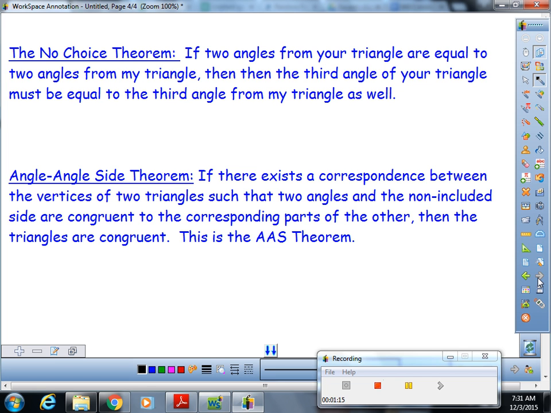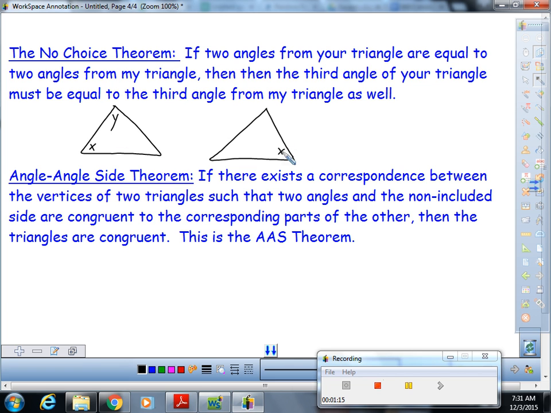It just says, if two angles from your triangle are congruent to two angles from my triangle, so if you had an angle X and an angle Y, and I had an angle X and an angle Y, well, what would be the measure of my third angle? And don't tell me Z. Good.